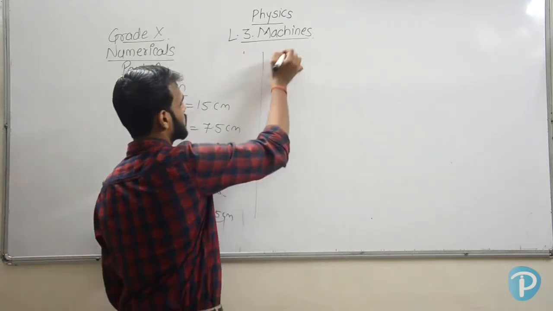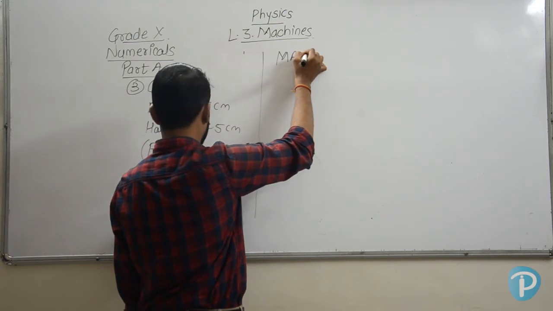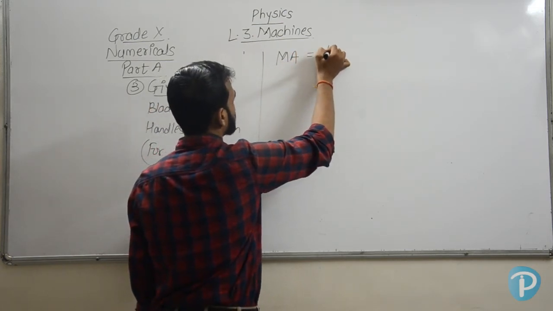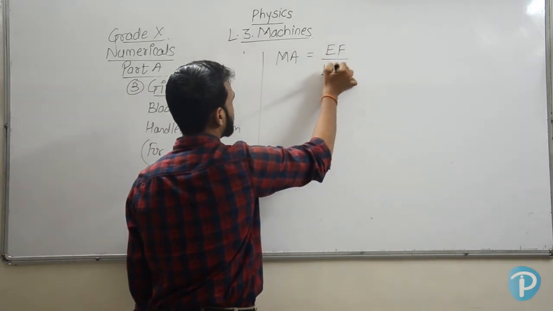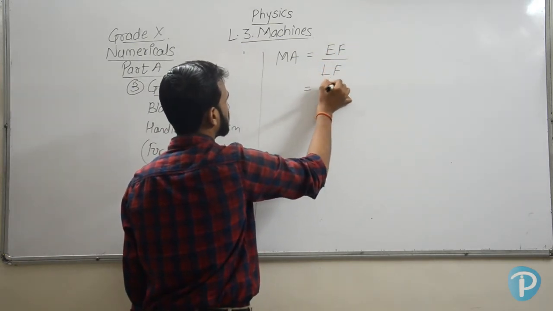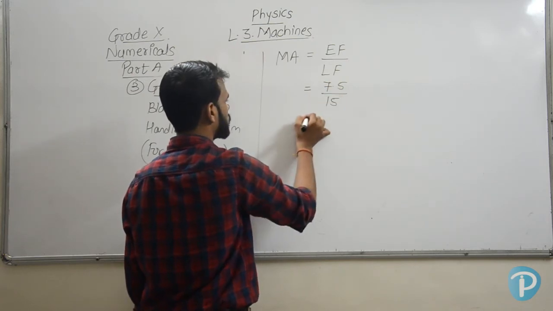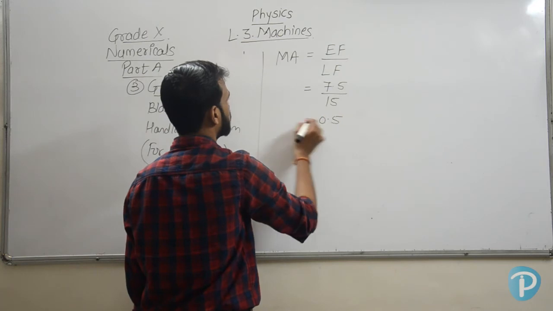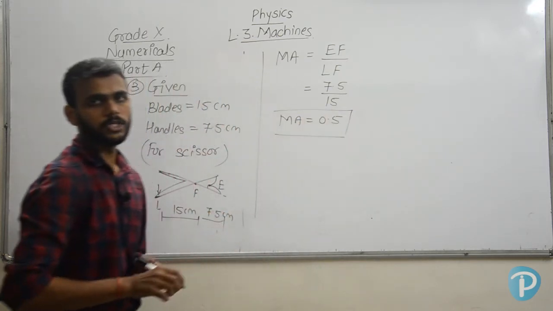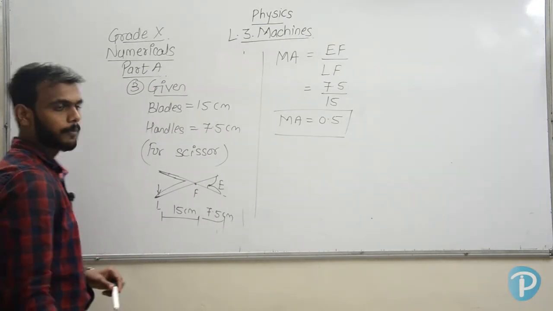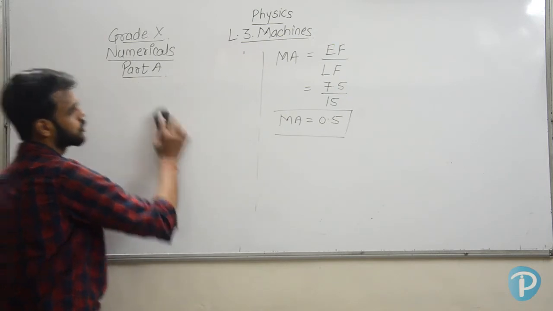So again, for this lever, the mechanical advantage will be again effort arm, that is EF, to the load arm, that is LF. Effort arm is 7.5, load arm is 15. So the value will be 0.5. Again, we are not having any unit for this as MA is a unitless quantity. This was question number 3.